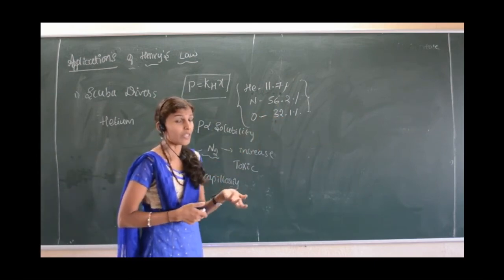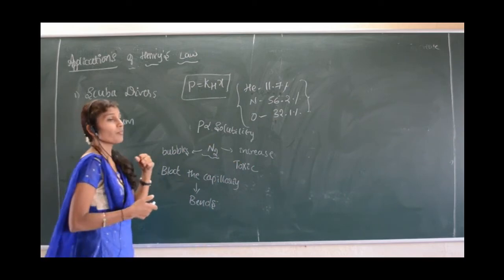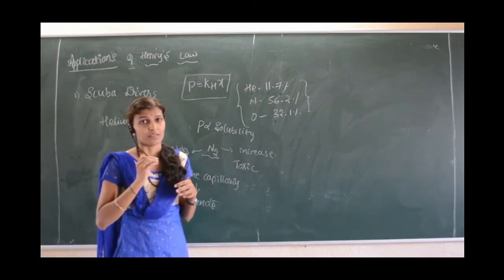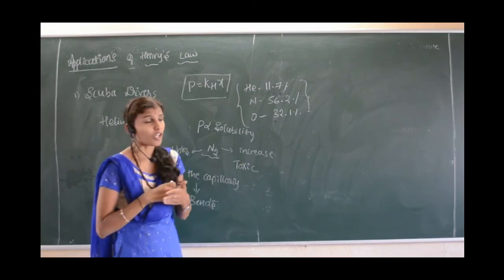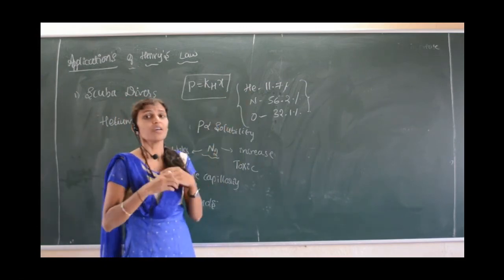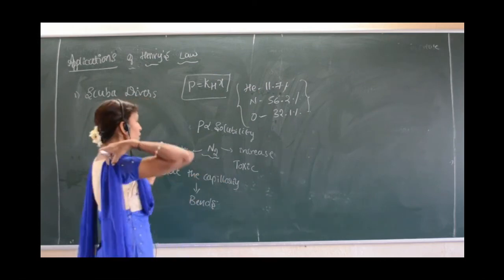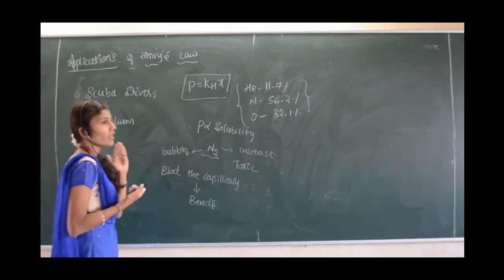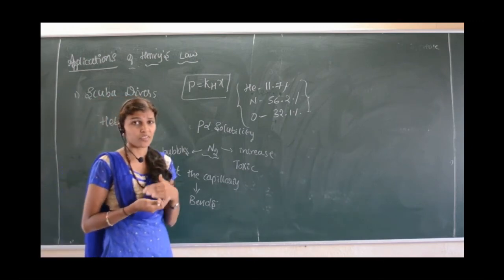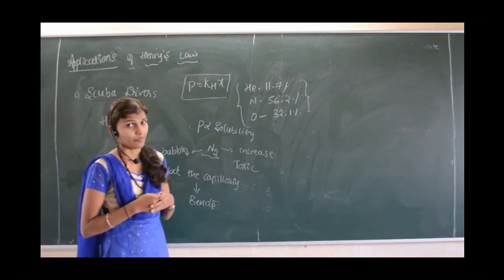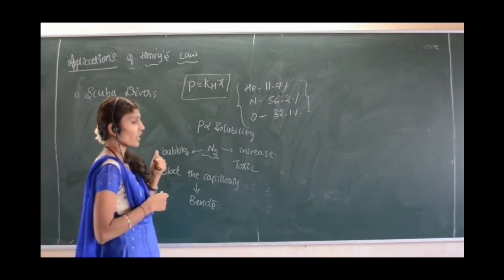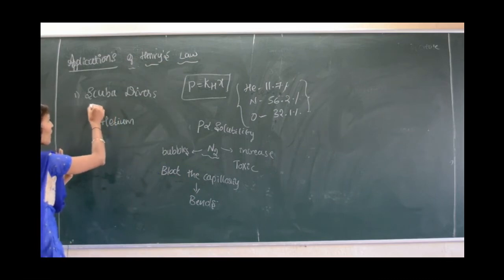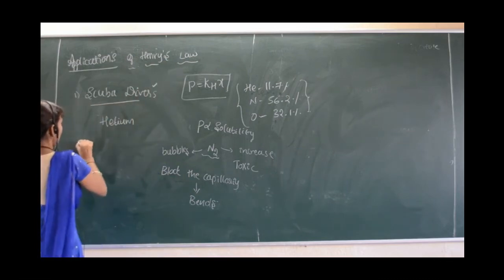The air tank is filled with helium because helium is less soluble. That's why we use helium. So this is how the problem of the scuba diver is solved, by using helium, as helium is less soluble. This is the first application of Henry's law, regarding scuba divers. I hope you are getting it.